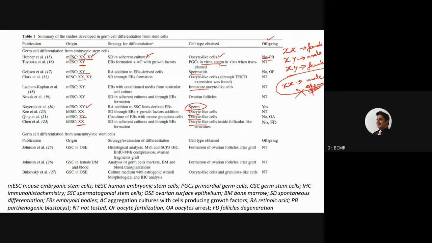And XX and XY can form oocyte-like cells. It's just that you need SRY to become something like the sperm or eventually the male type of gametes. I just wanted to bring that to your attention.